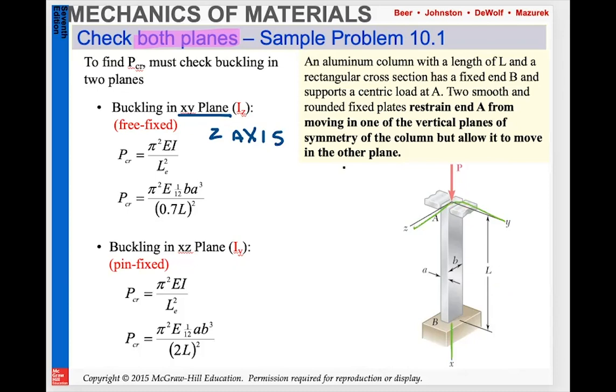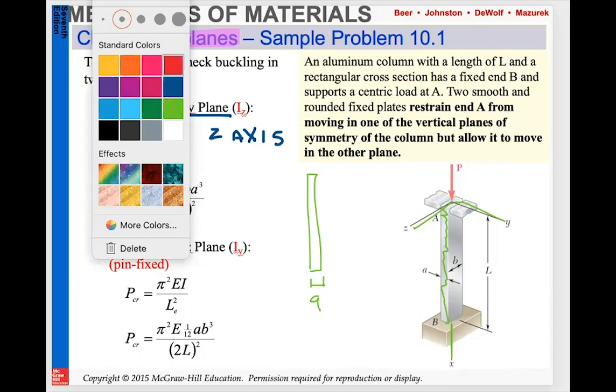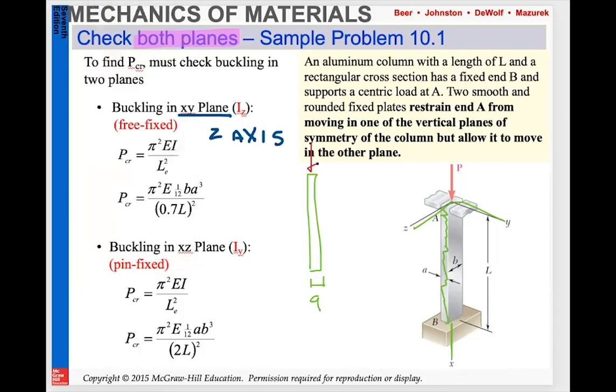For the XY plane, if we look at the side view, the plane that's in X and Y, we have something that looks relatively skinny. It's A on this dimension, and then it's B back and forth. We obviously have our load applied here.